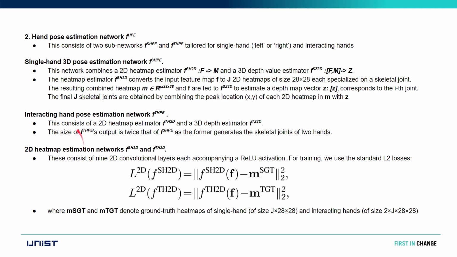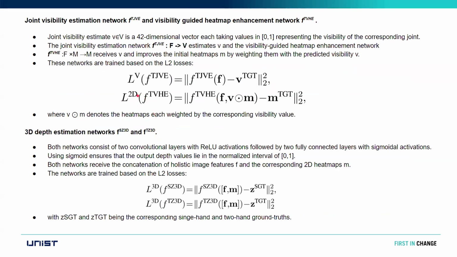And then for interacting hand pose estimation, it's the same process, but it's done only once, and they make use of a joint visibility estimator.